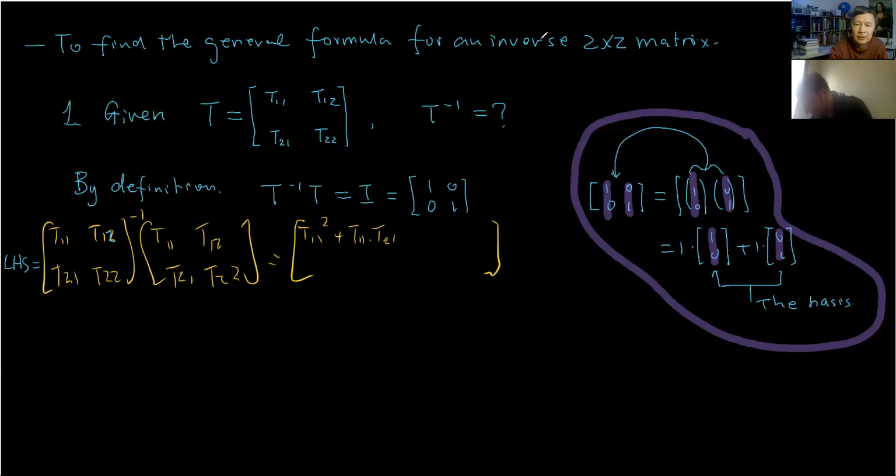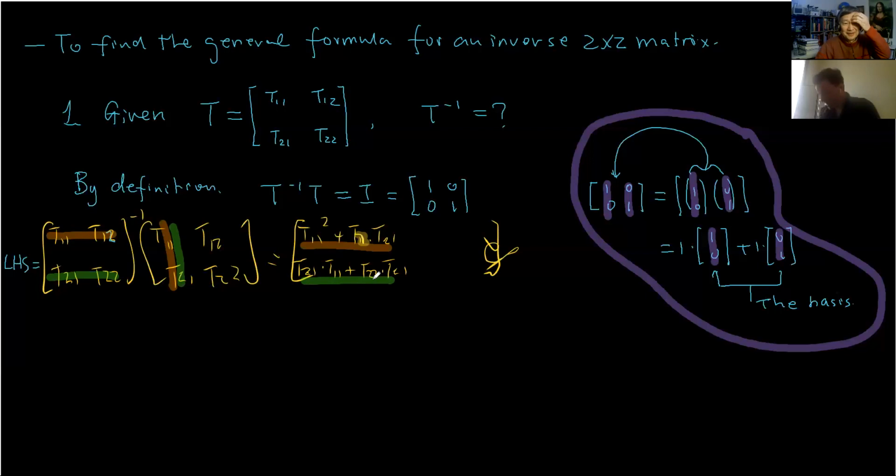You use these two, multiply these two, that will give this one. Yeah, sorry, T12. And then the next one is going to be T21 by T11 plus T22 times. I use a color to keep your record, very helpful.